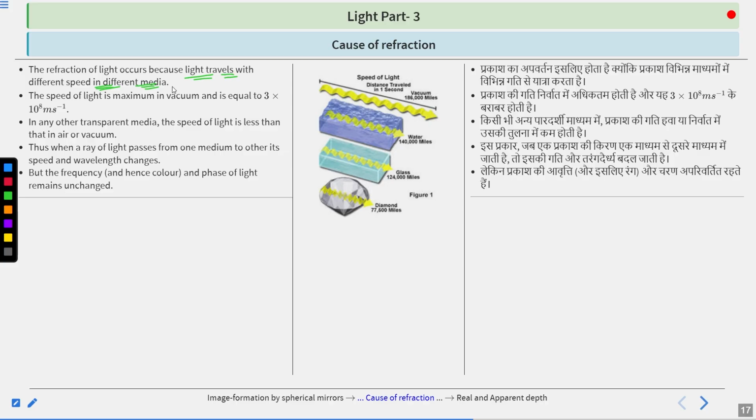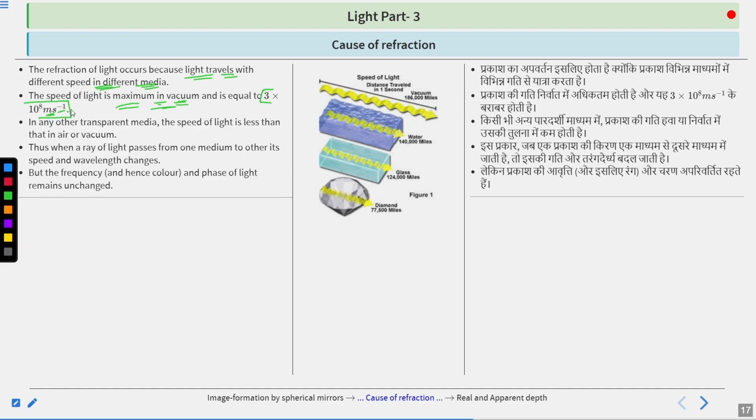For example, the speed of light is maximum in vacuum. So whenever light travels in vacuum, the speed is maximum, equal to 3 into 10 power 8 meter second power minus 1. In any other transparent media, the speed of light is less than that in air or vacuum.